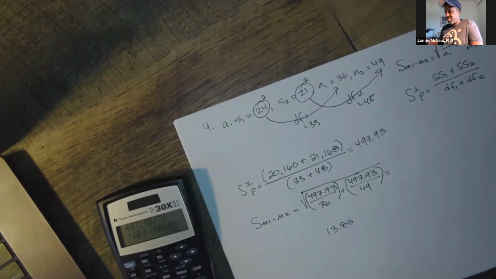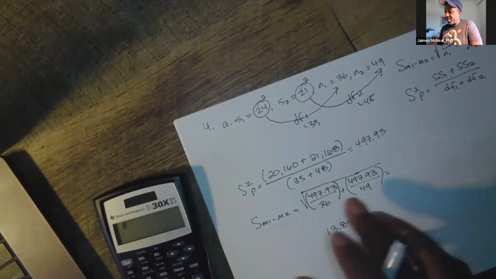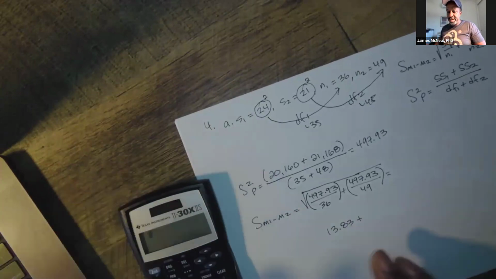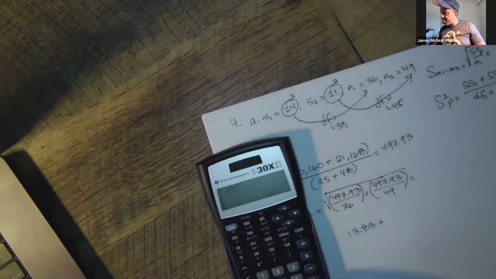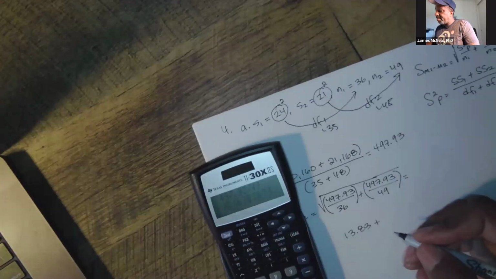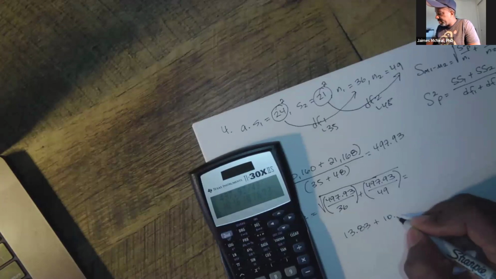We can leave it at 13.83. Plus, let's figure out what 497.93 divided by 49 is. 497.93 divided by 49 is 10.161, which we can just leave at 10.16.